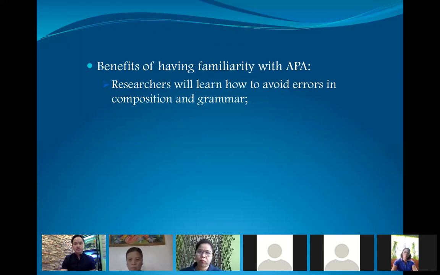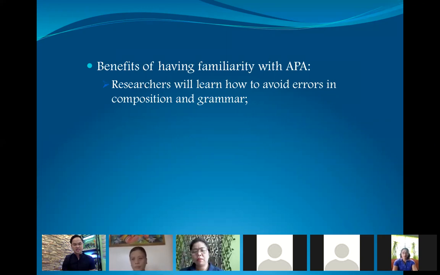One, you will learn how to avoid errors in composition and grammar. Example, they thought that data is a singular word, but they do not know that data is a plural word. So meaning, pag sinabing data, pwede mo sabihin na the data presented in table 1 show. Yung iba kasi ginagawa nilang singular.